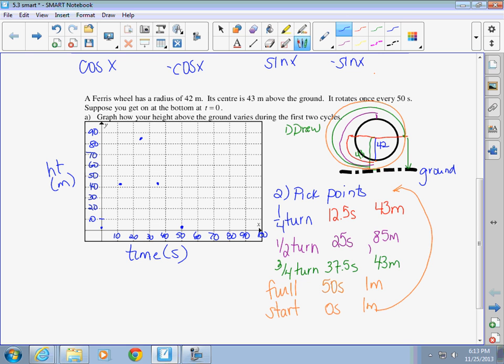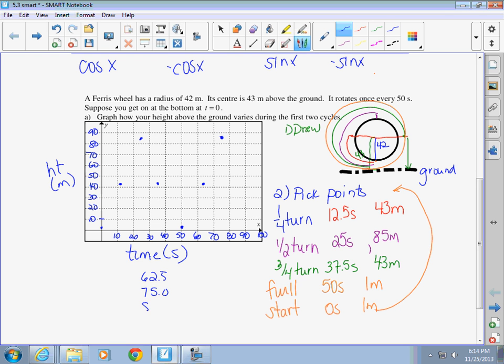And then when I do my second rotation, the next one will be 12.5, so that's going to be at 62.5, and back up to my 43. Then from 62, I'll just write these times down here. So 62.5, another 12.5 will be 75 seconds. So at 75 seconds, I'm back up here at 85 meters.